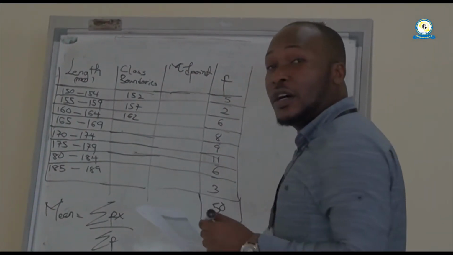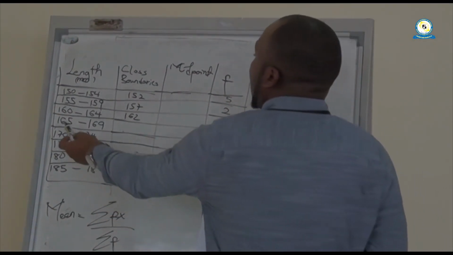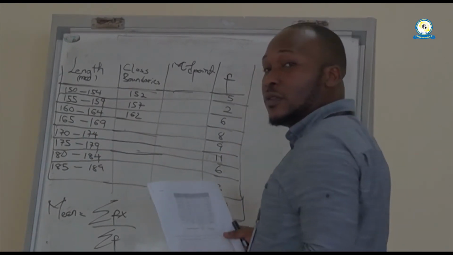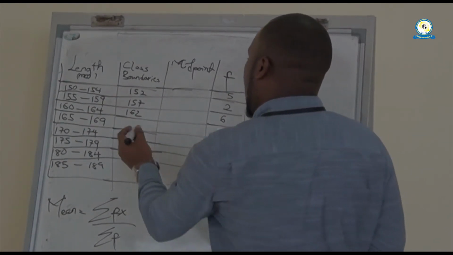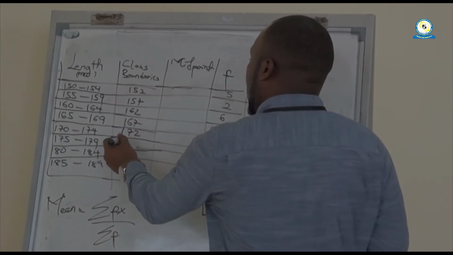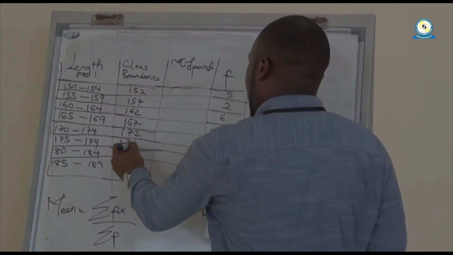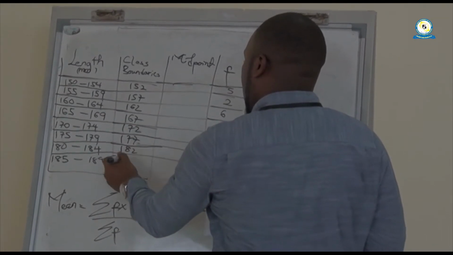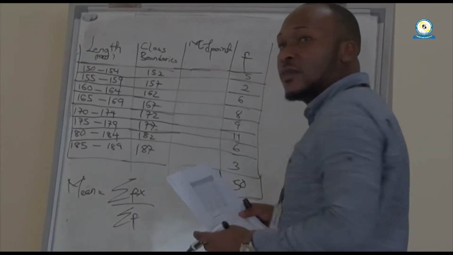So we proceed with our midpoints. 165 plus 169 divided by 2, you get 167, 172, 177, 182, and 187.